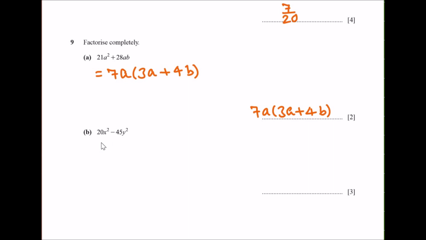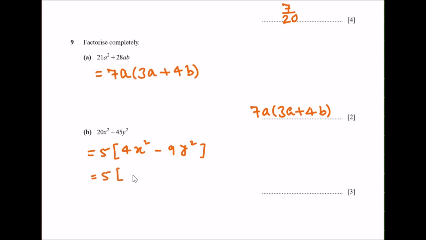So first of all, we need to take the highest common factor out. So for 20 and 45, we can take 5 common. Then we get 4x square minus 9y square. Now we can see 4 and 9 both are square numbers, right?